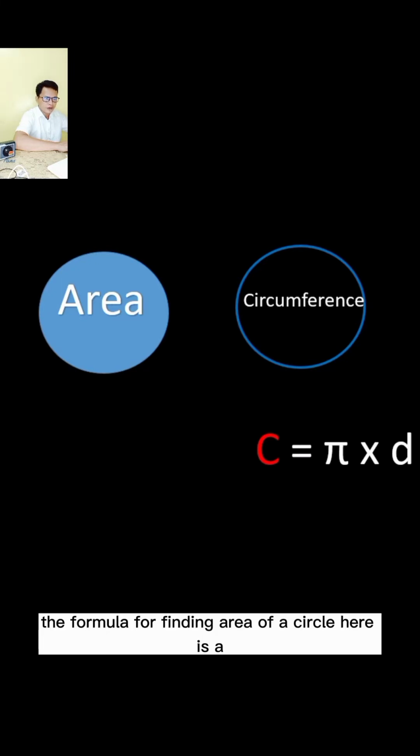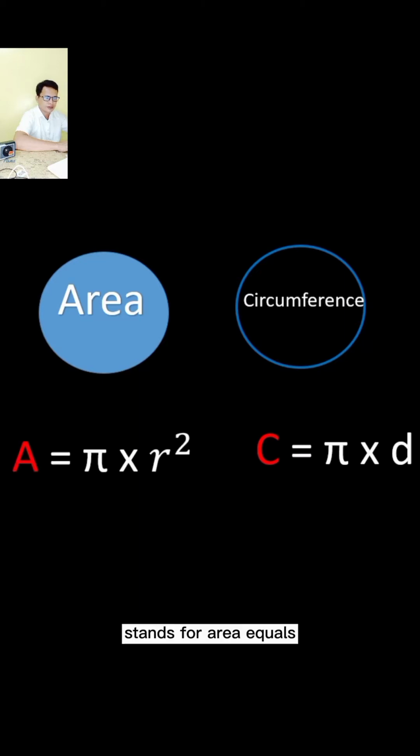The formula for finding the area of a circle is A, which stands for area, equals pi times r squared. So if we know the radius, we just square the radius times the number pi and we'll get the area. So let's find both the area and circumference using our two formulas.